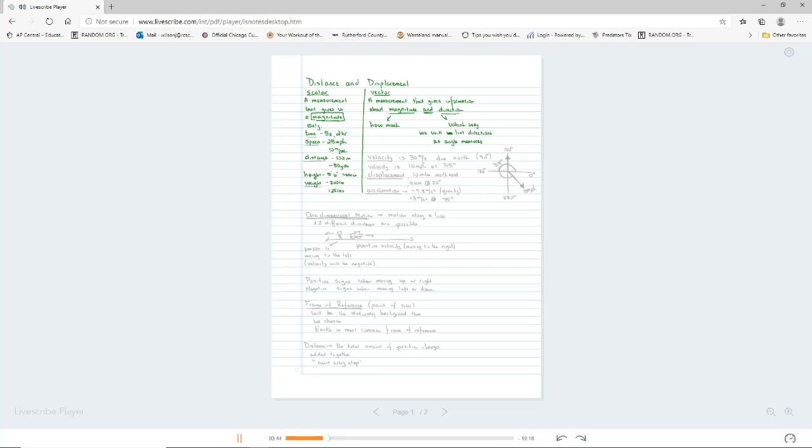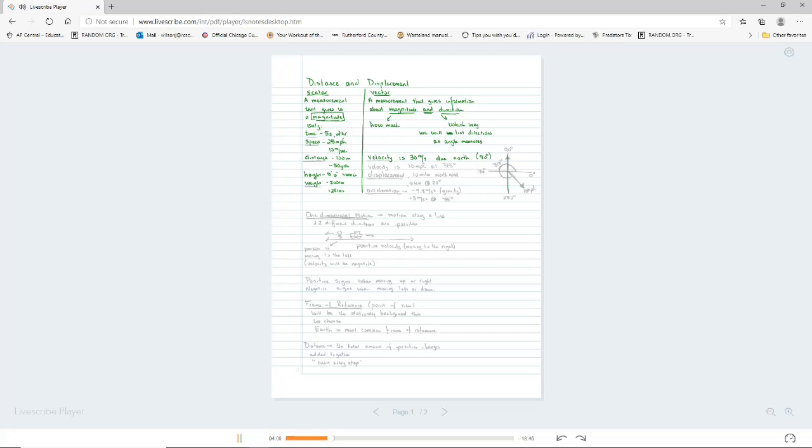So, let's give you an example of a vector quantity, we could say the velocity is 30 meters per second due north. That would be at 90 degrees as an angle measure.